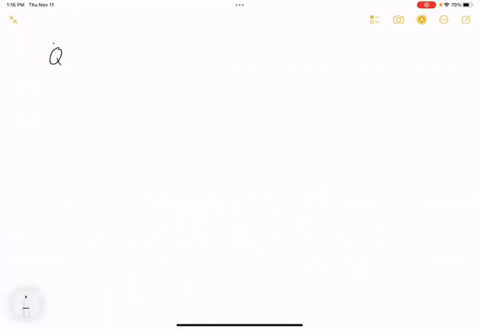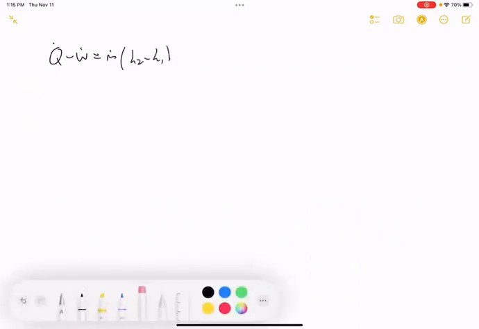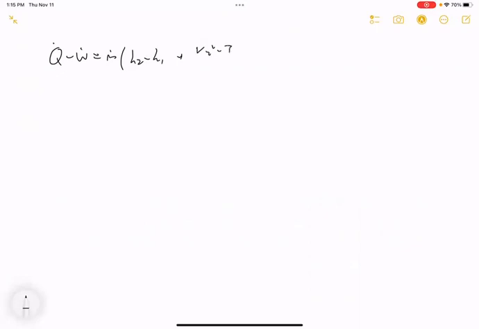So first law of thermodynamics, Q dot minus W dot equals M dot change in enthalpy, change in kinetic energy, change in potential energy.